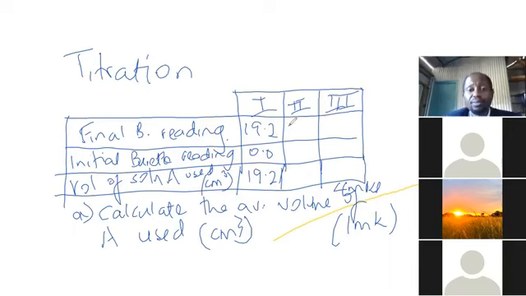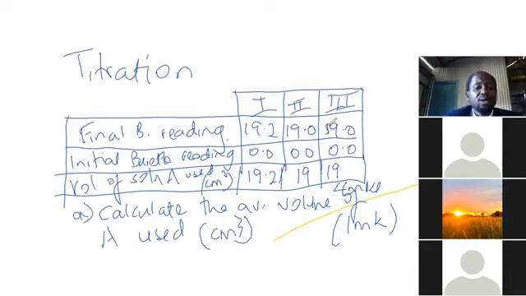Second one, 19.1. And the third one, 19.0.